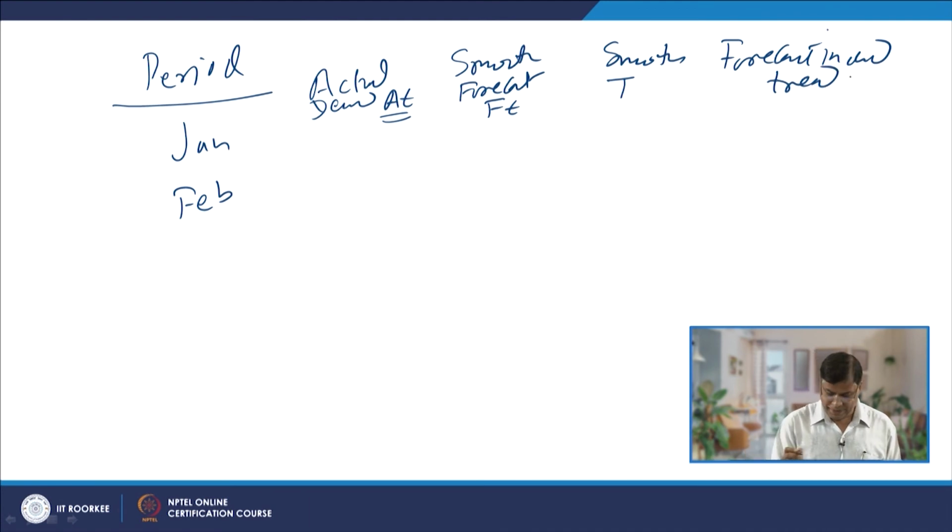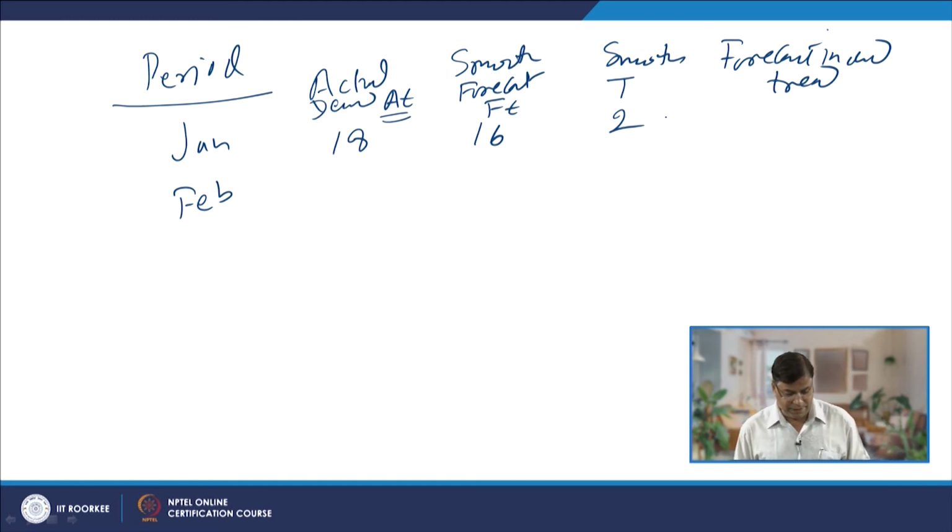Say we have some data for the previous period: 18 is the actual demand, the smooth forecast is 16, and the smooth trend is 2. Considering this, we can determine the forecast including the trend.